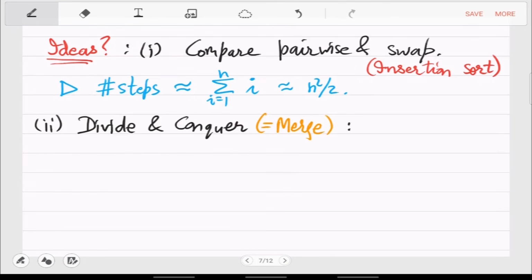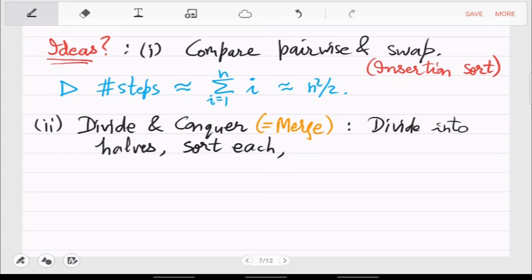So what you do here is divide into halves, sort each half independent of the other, and then you have two sorted n by 2 sub arrays, and you merge them.